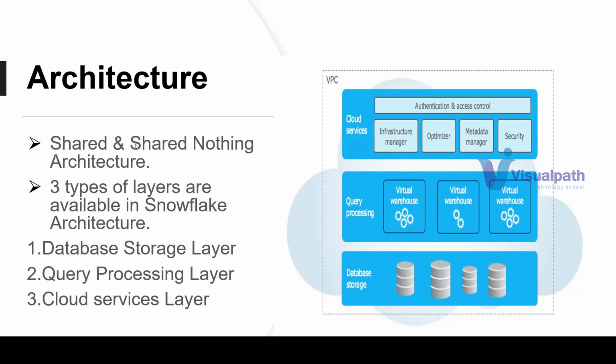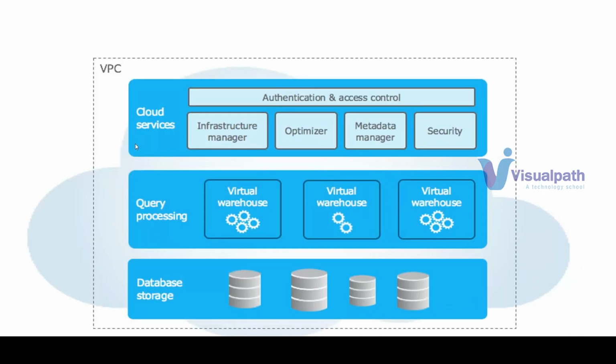But Snowflake is a hybrid. It follows the shared disk architecture methodology and also the shared nothing methodology. We'll see what shared disk and shared nothing are, and how Snowflake fits into both. So here is a big representation of the architecture diagram.